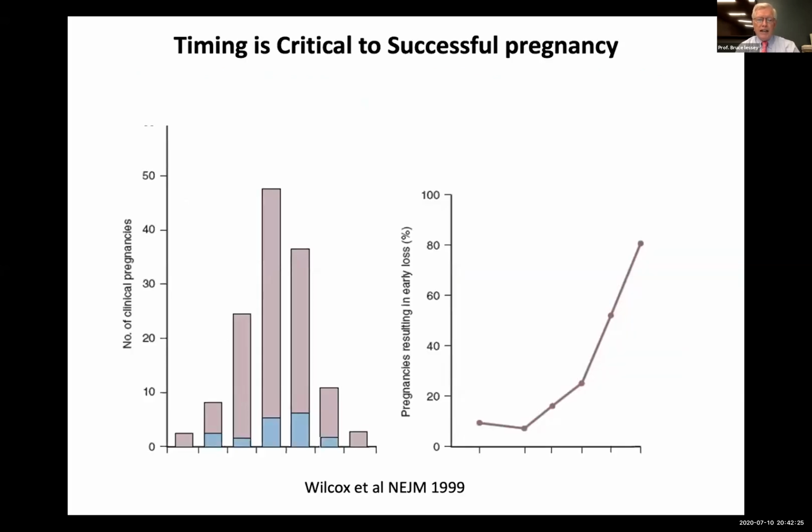So when we look at what it takes to implant, we know from this Wilcox paper in the New England Journal of Medicine that most women implant between LH+6 and LH+10. But as you notice in this graph on the right, for every day after day 10 that embryos implant, the miscarriage rate goes up and up.